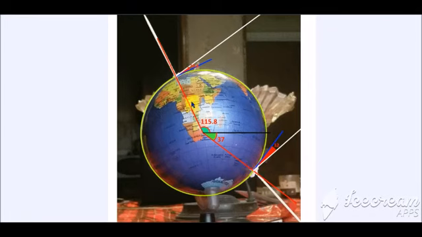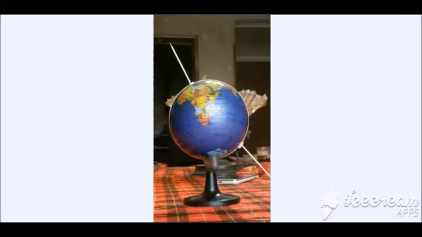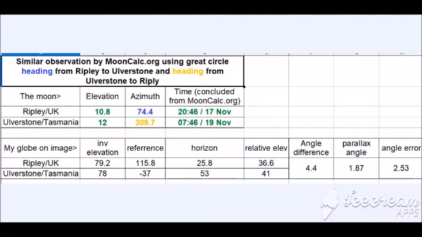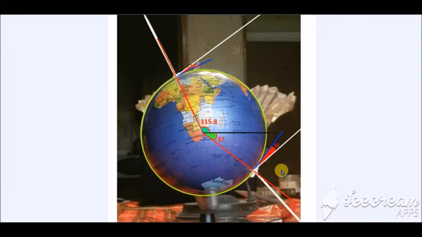I didn't calculate that, just a rough estimation, because they are on opposite sides of the Earth. So I just tried 12,000 kilometers against the 367,000 kilometers of the moon distance. That gave me a parallax of 1.8 degrees. So there's an error of 2.5 degrees between my calculations and the globe.